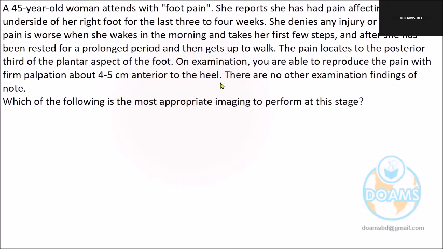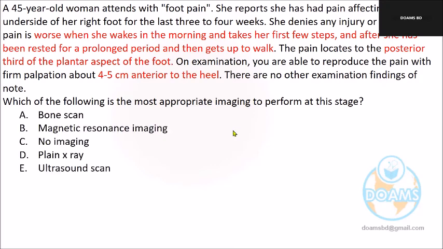There may be distal pain also. Anyway, whether calcaneal spur or plantar fasciitis, the presentation is the same. Do you need any imaging now? Options are there. So these are the key features you already understood. These are the options. What will be the best answer?